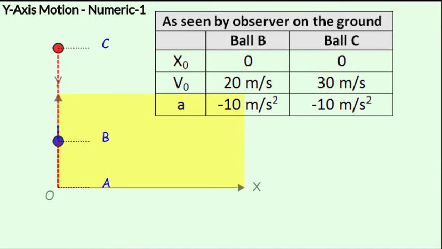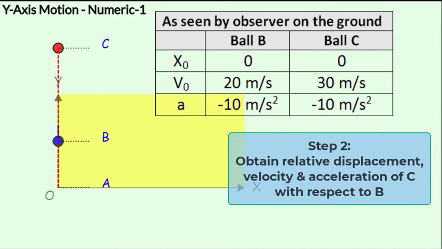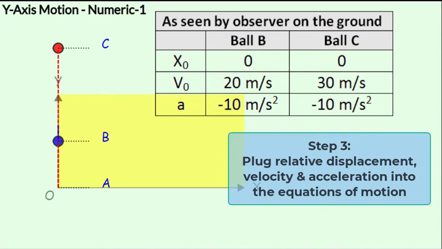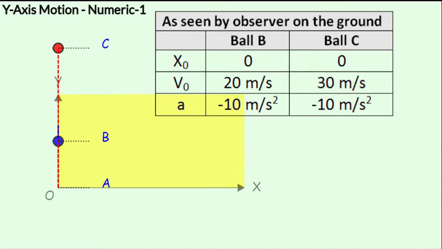Step number 2, we obtain the displacement, velocity, and acceleration of ball C with respect to ball B. And step number 3, we plug the values of the relative displacement, relative velocity, and relative acceleration of C with respect to B into the equations of motion and obtain the unknown, which in this case is the displacement after 3 seconds.